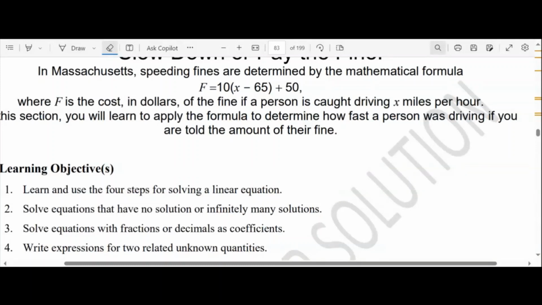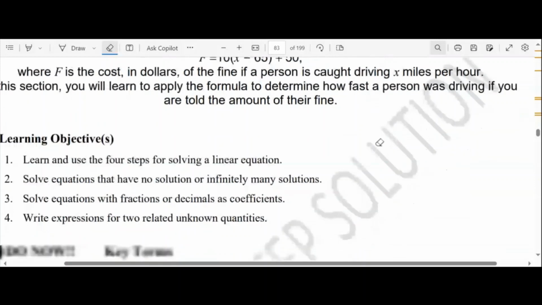So if you get a fine of 150, that means you were driving above 110, between 110 and 120. And if you get 300, you were driving between 120 and 130, correct? So it's the same thing. This formula will give you the speed, but here by mile, not by kilometer.